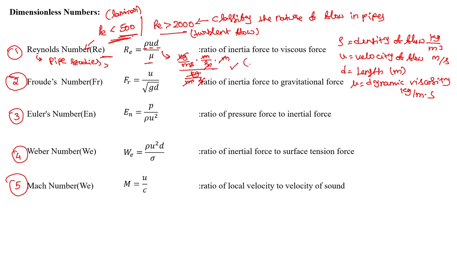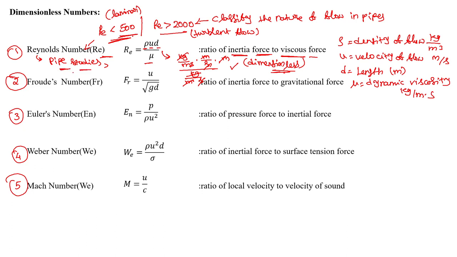So this is a dimensionless number, and it can be used in any model studies. Reynolds number is the ratio of inertia force to the viscous force. So it is considering the effect of viscous force. That's why it is dominant in pipe studies.